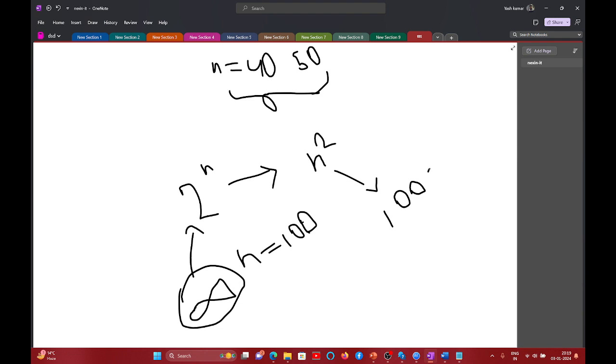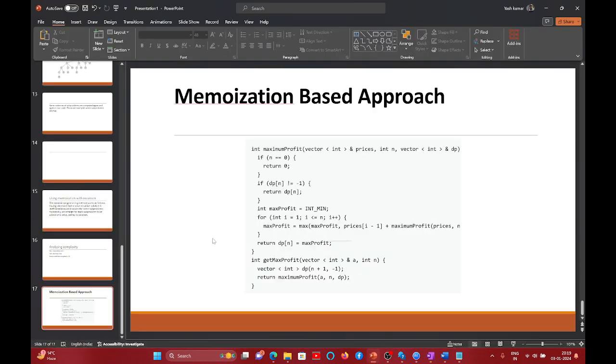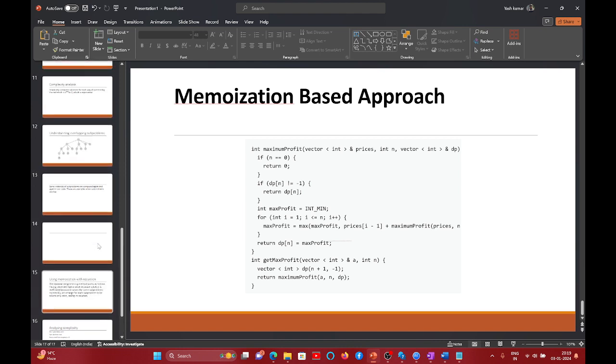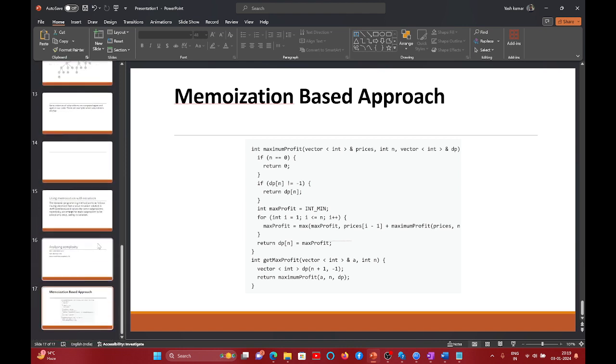I think that our computer can do it within a second, even 100 milliseconds. So this is the gap we are creating here. So this was all about the dynamic programming memoization based approach.